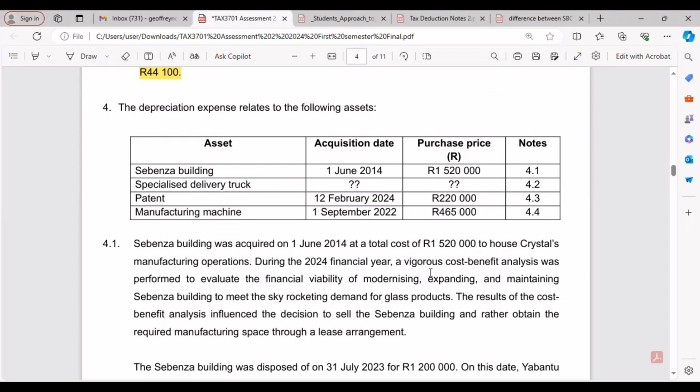During the 2024 financial year, a vigorous cost benefit analysis was performed to evaluate the financial viability of modernizing, expanding, and maintaining Sevenza building to meet the skyrocketing demand for glass products. The results of the cost-benefit analysis influenced the decision to sell the Sevenza building rather than obtain the required manufacturing space through what?